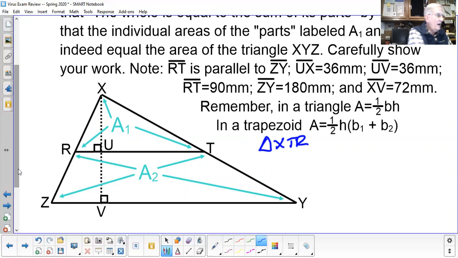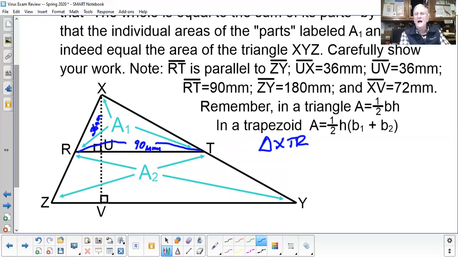From R to T, we know, looking at our given information, that this is 90 millimeters. We know the height of the figure is UX, which is 36 millimeters. So this distance right here is 36 millimeters.